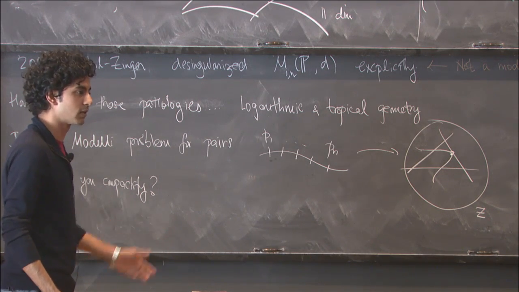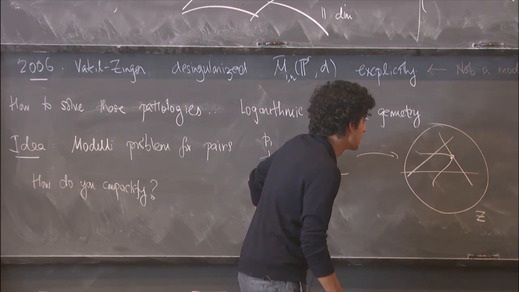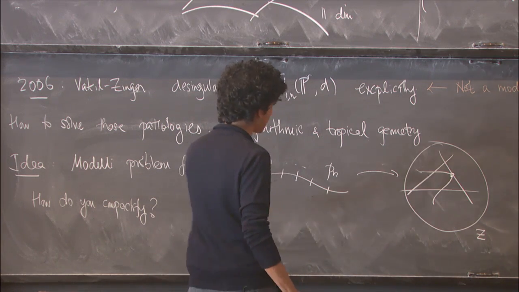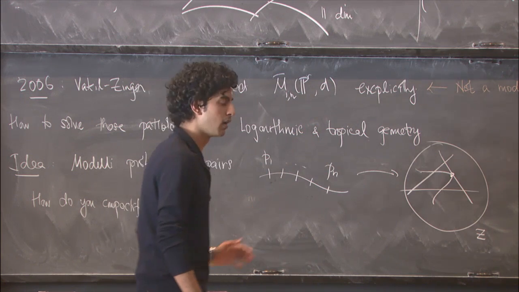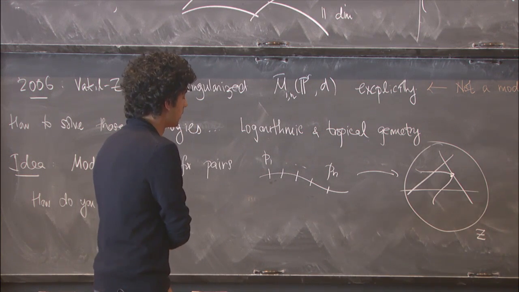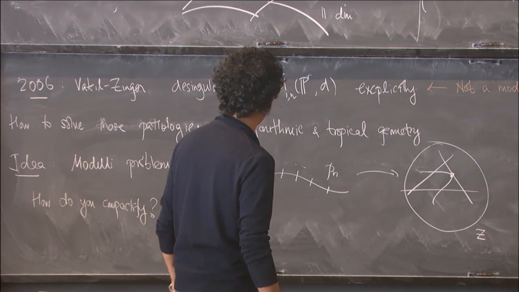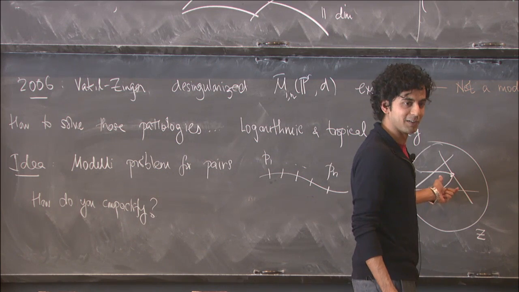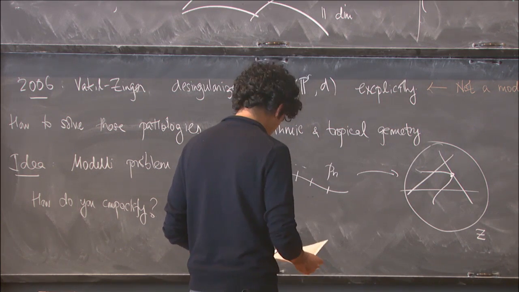So there's some extra structure that needs to be added to make sense of that. There's lots of ways to do this. In the case where the boundary divisor is just a single smooth divisor, this has been known for some time by work of many people in algebraic geometry, by Jun Li. But toric variety boundaries are unions of such things, and they meet and they're singular. So something else is needed.